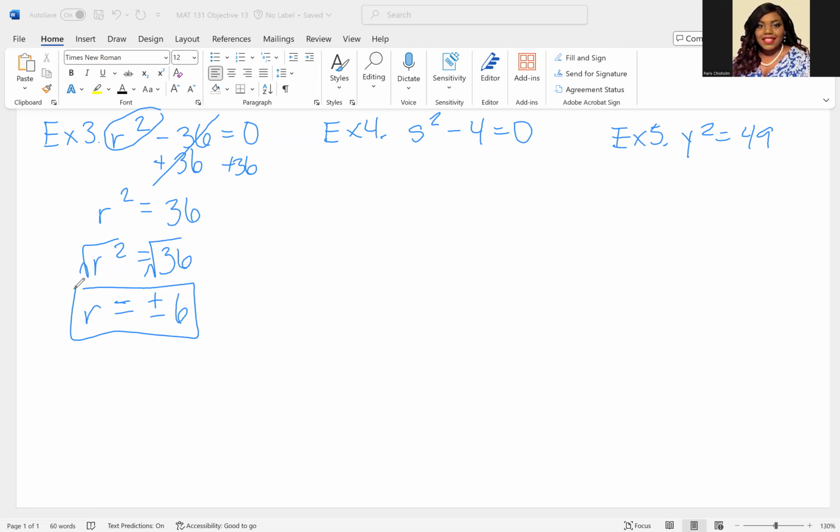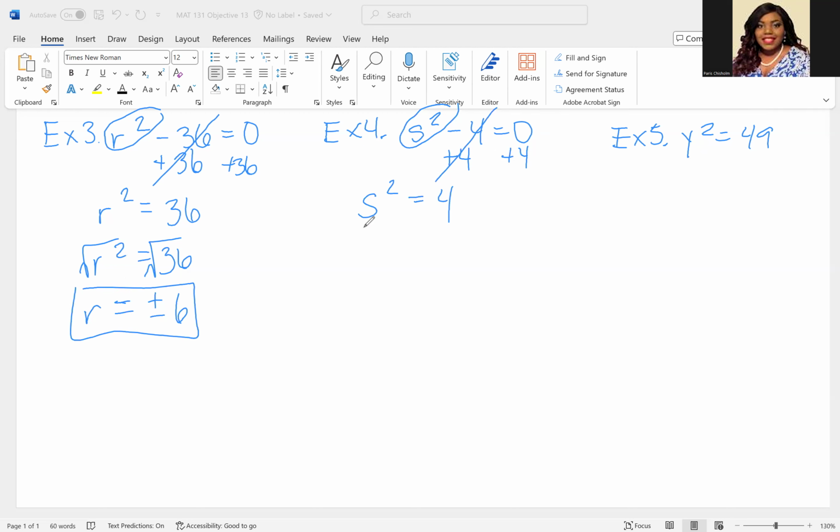Okay? For example 4, we have s squared minus 4 equals 0. We want to isolate or get the s squared by itself. So we're going to add 4 to both sides. And we have s squared equals 4.